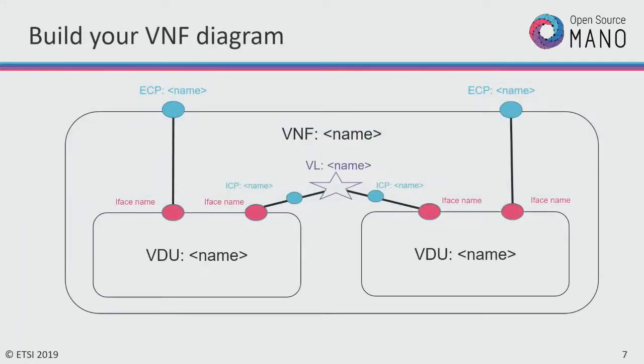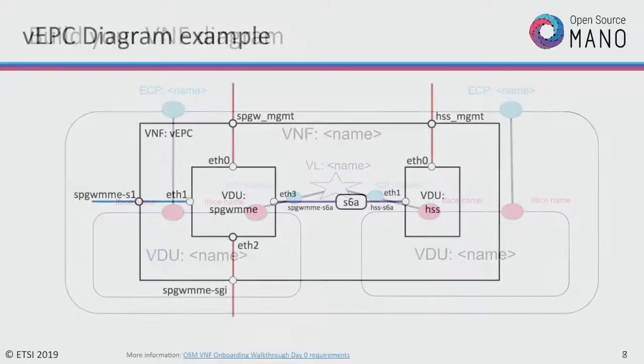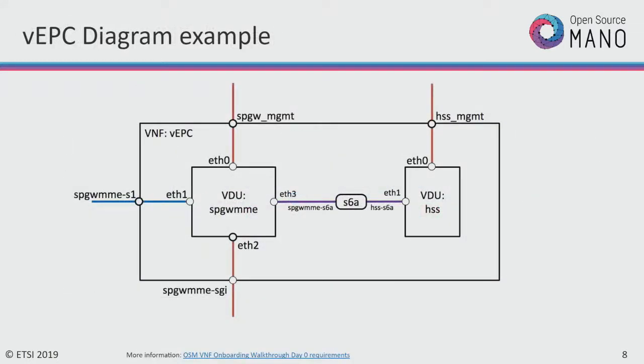and here we have an example of how you can build the VNF diagram. It's not the virtual EPC case, but it's an example that we will see in the next session of multi-VDU. And here we can see our virtual EPC example.